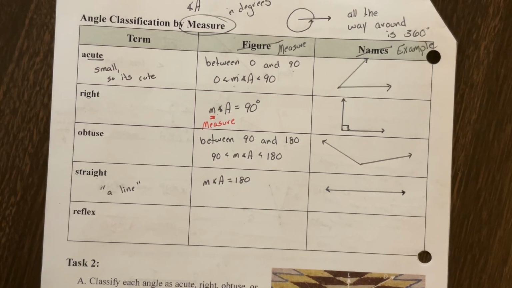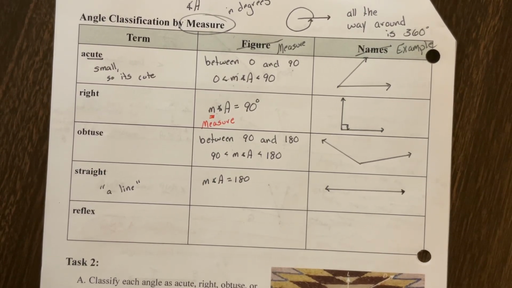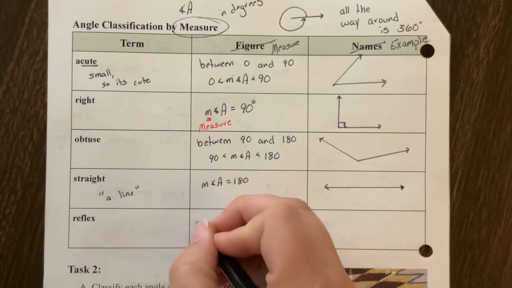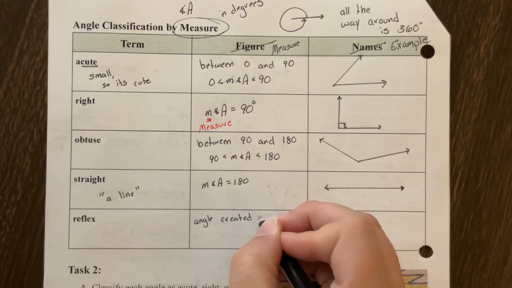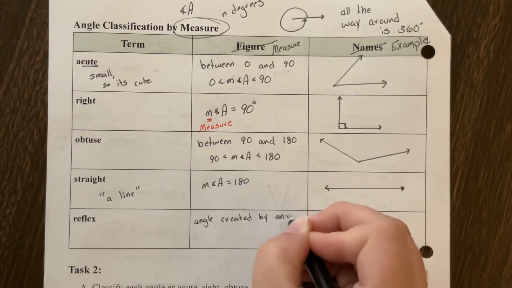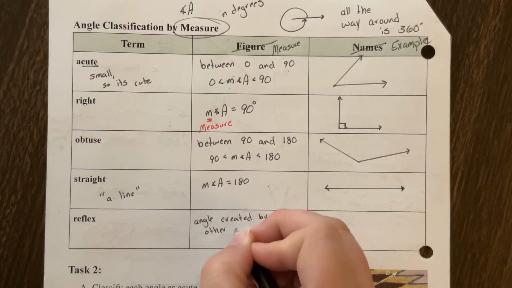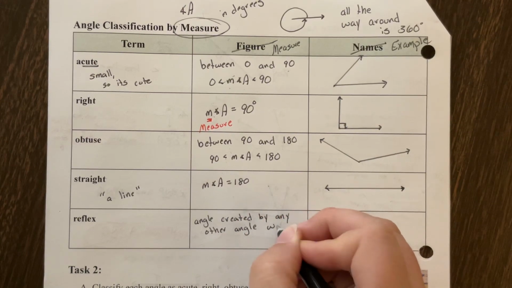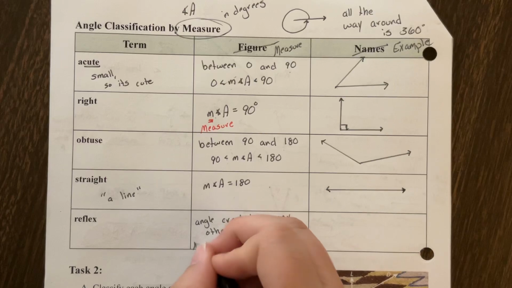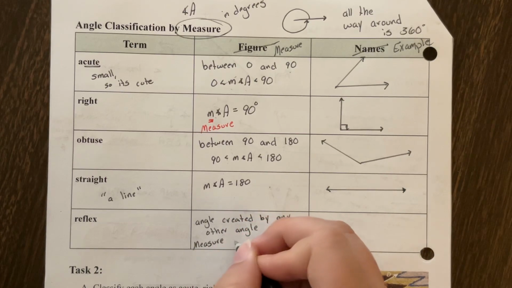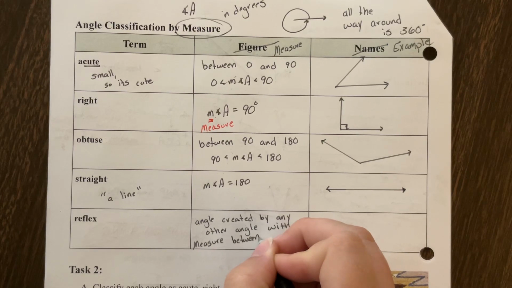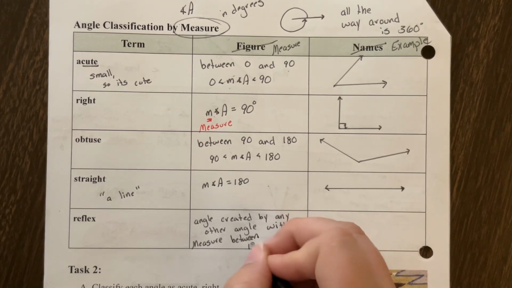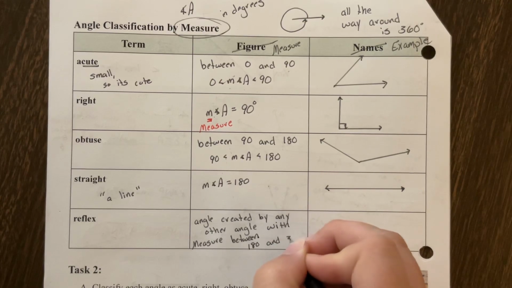Okay, now a reflex angle. Okay, the reflex angle is the angle created basically by any other angle with a measure between 180 and 360, usually.